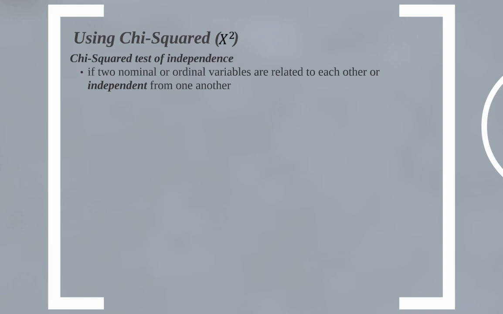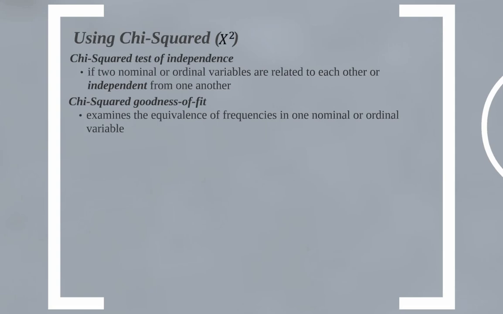Or in other words, are they dependent on each other? Is one dependent on the other? Or are they independent from each other, meaning they're not related? The chi-square goodness of fit test examines the equivalence of frequencies in one single nominal or ordinal variable, right? So it's looking at the frequencies of categories within a specific variable.